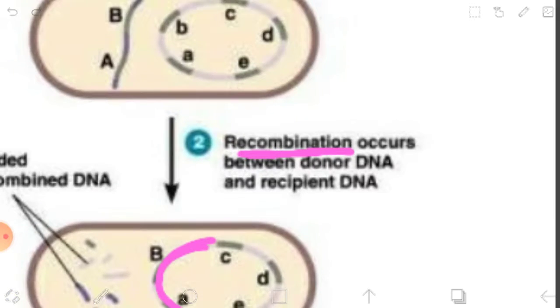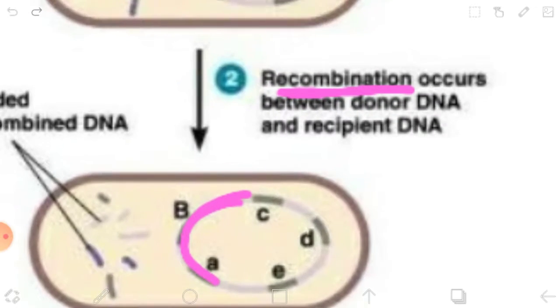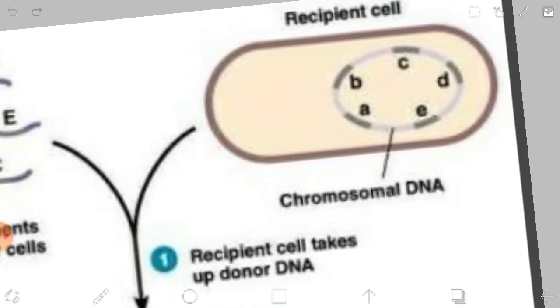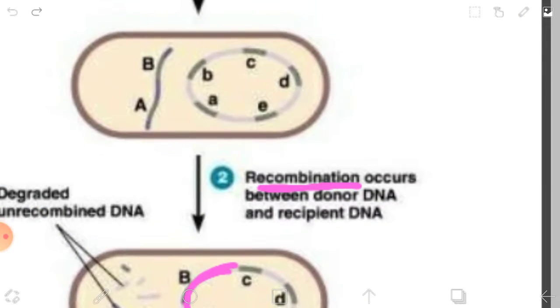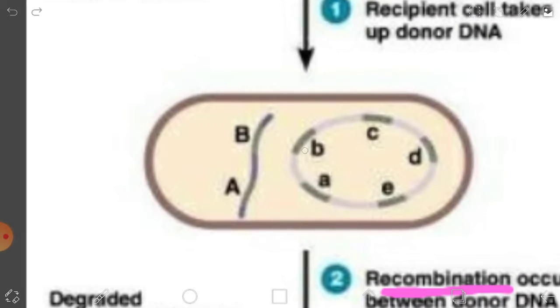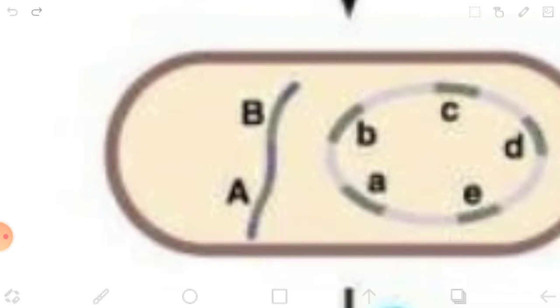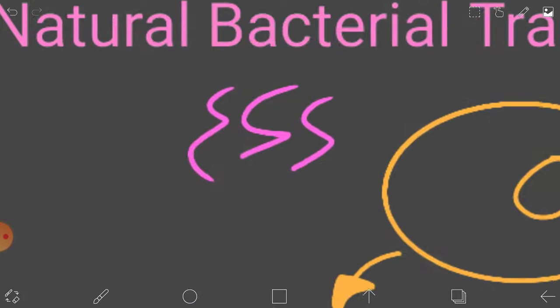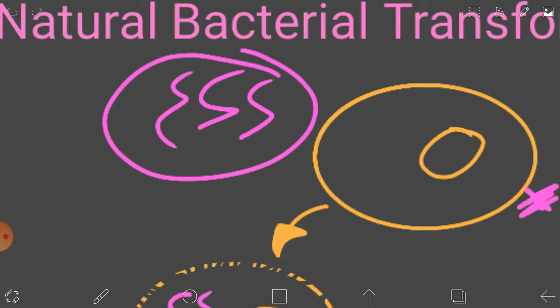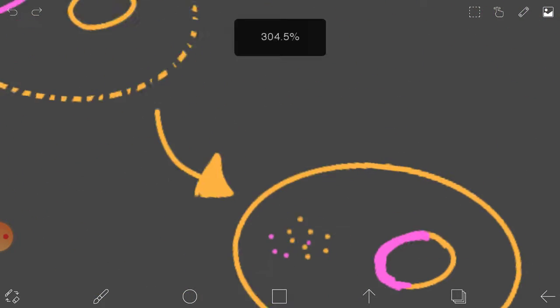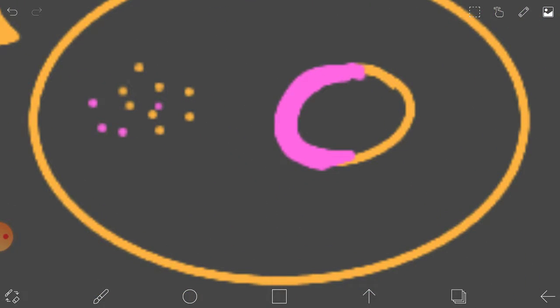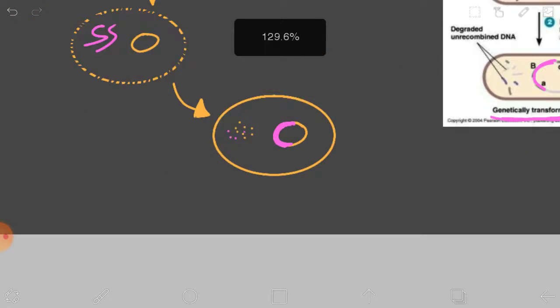And when we say recombination occurs between the donor DNA and recipient DNA, it means that the recipient DNA, this guy, and the donor DNA that's been from the outside, these little guys, would finally join to make one whole DNA with fragments from the old ones.